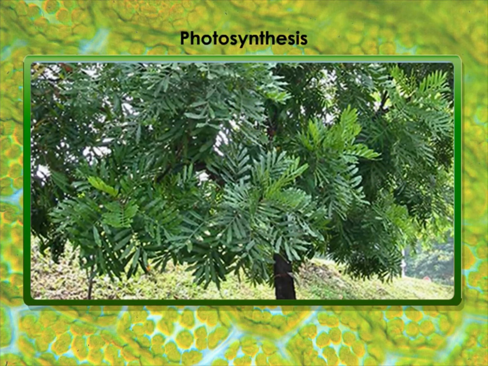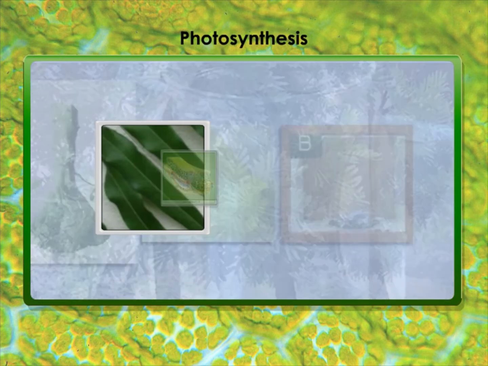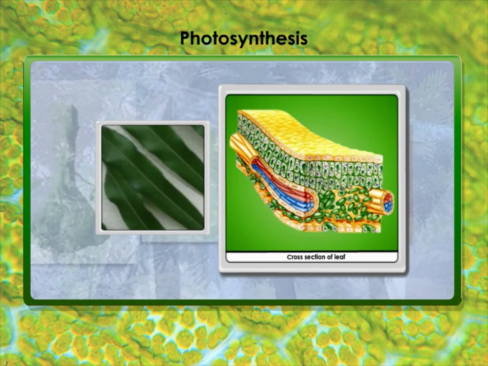Photosynthesis generally occurs at the leaves of the plants, where there are large chloroplasts. The graphics shows the cross-section of the leaf. Observe the graphics. Different types of cells are specialized in different things.